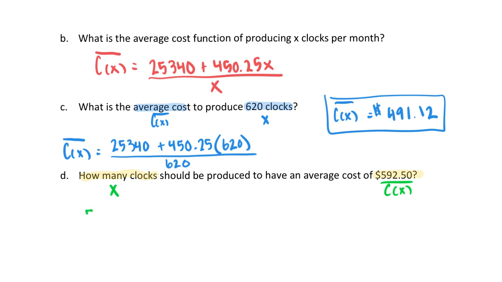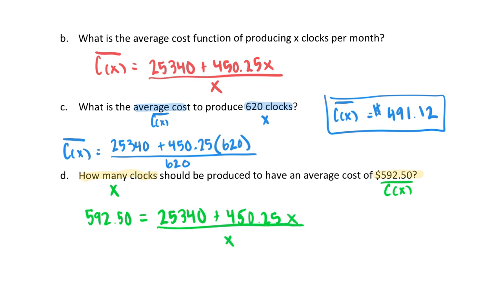So I'll plug 592.50 in for my average cost, and then solve for x.